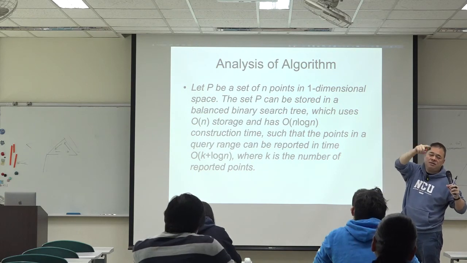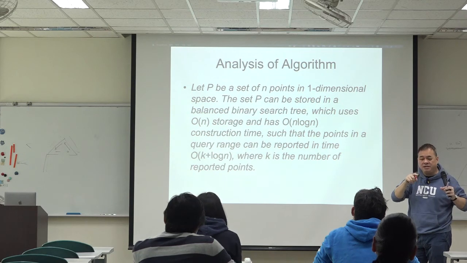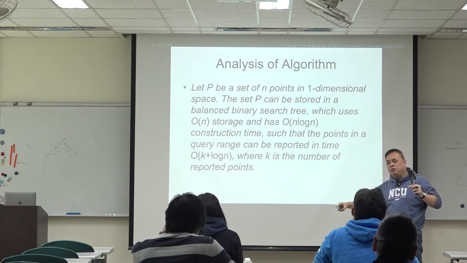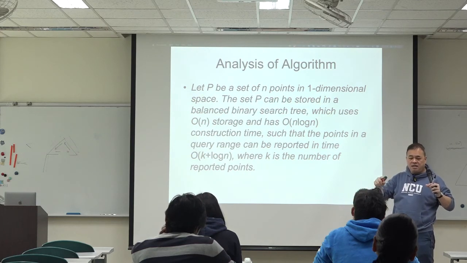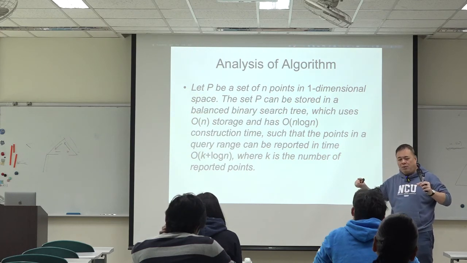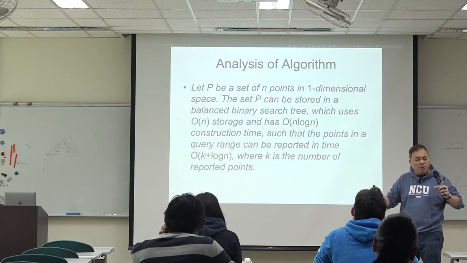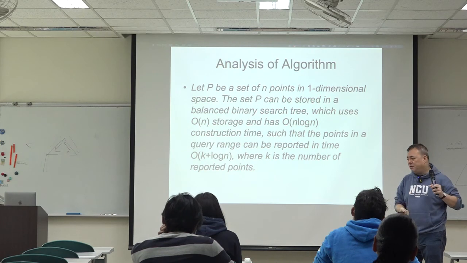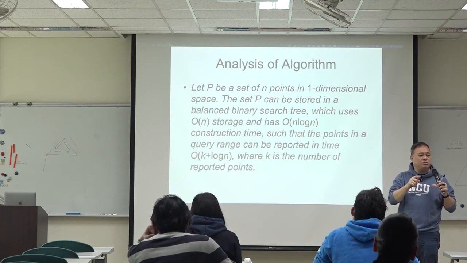The path to one end takes log n amount of time, so you have two log n's, right? And then you also need to report the points in the middle. You guys know those are basically just tree traversal, right? The tree traversal takes linear time in the number of points that you report.